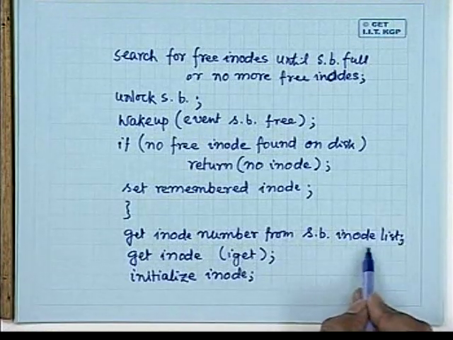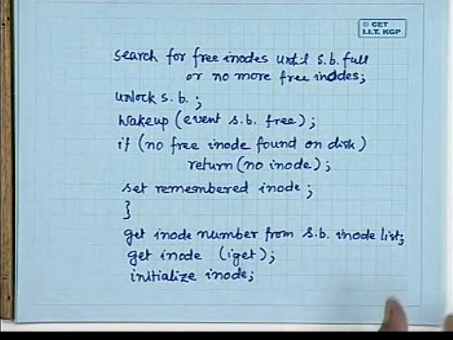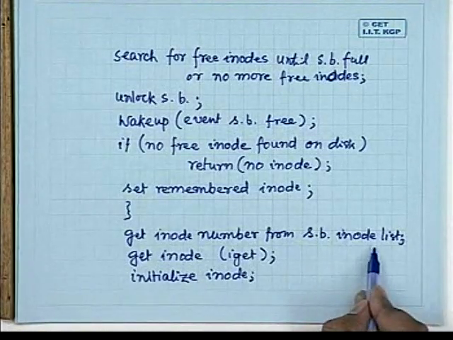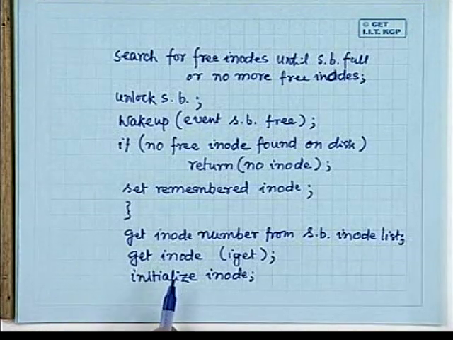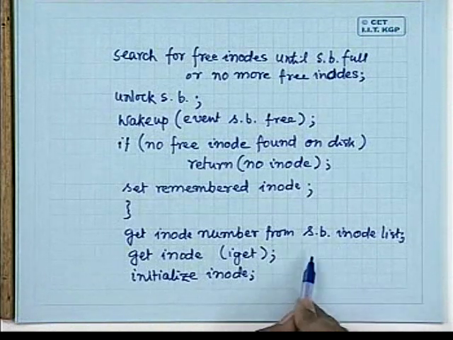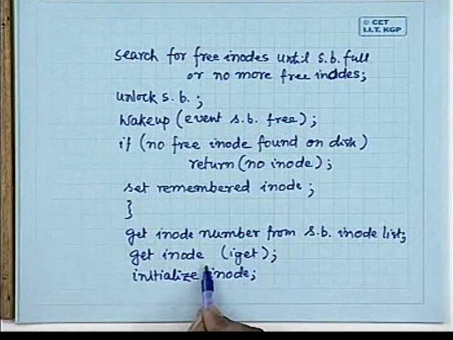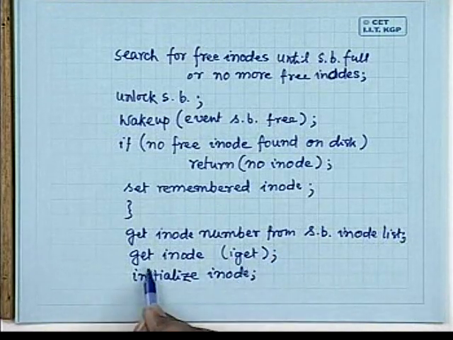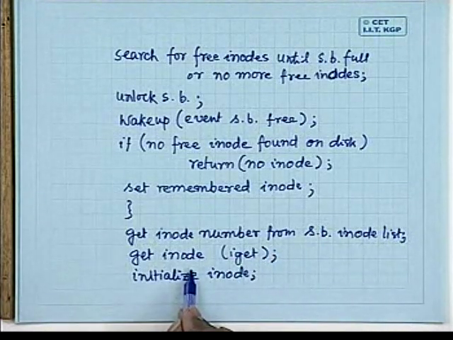Here what I have is an inode from the disk, but for working on this inode, I have to have an in-core copy. So for this inode number which has been acquired, I have to get an in-core copy where this inode can be copied. For that I have the iget algorithm, that is, get an in-core inode.